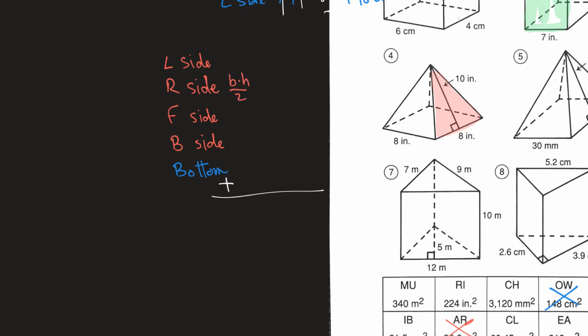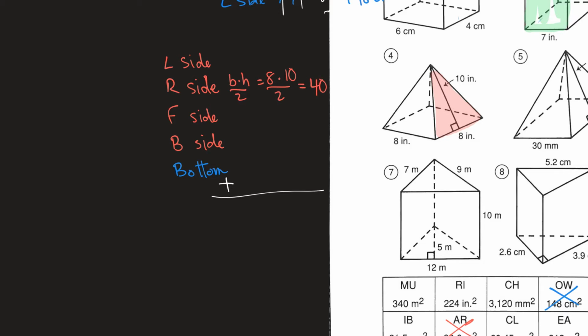And the base is 8, and the height is 10. And this little box here tells us 90 degrees, because the base and height always are supposed to meet at 90 degrees. So the base is 8 times 10 divided by 2. That's 80 divided by 2, which is 40.